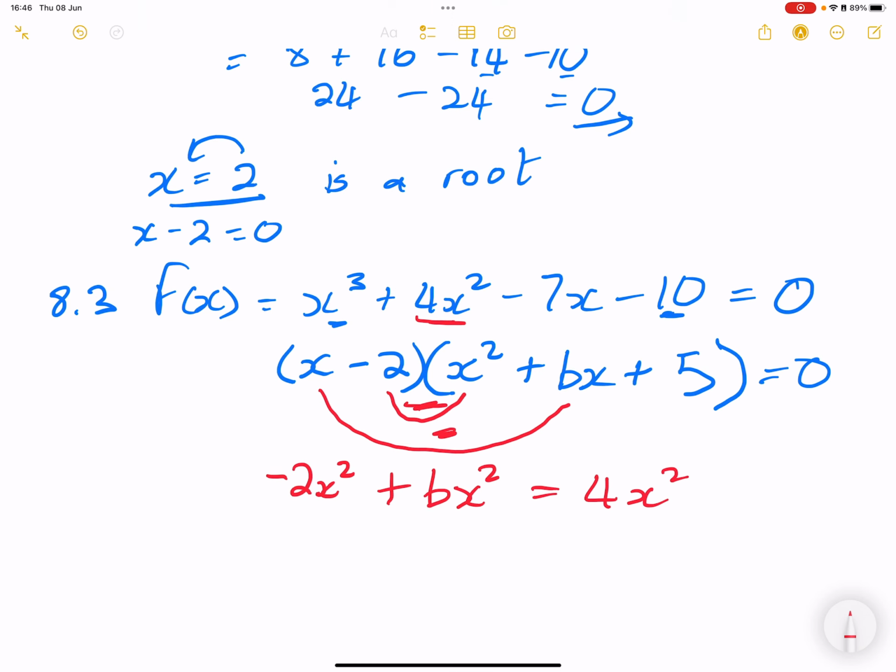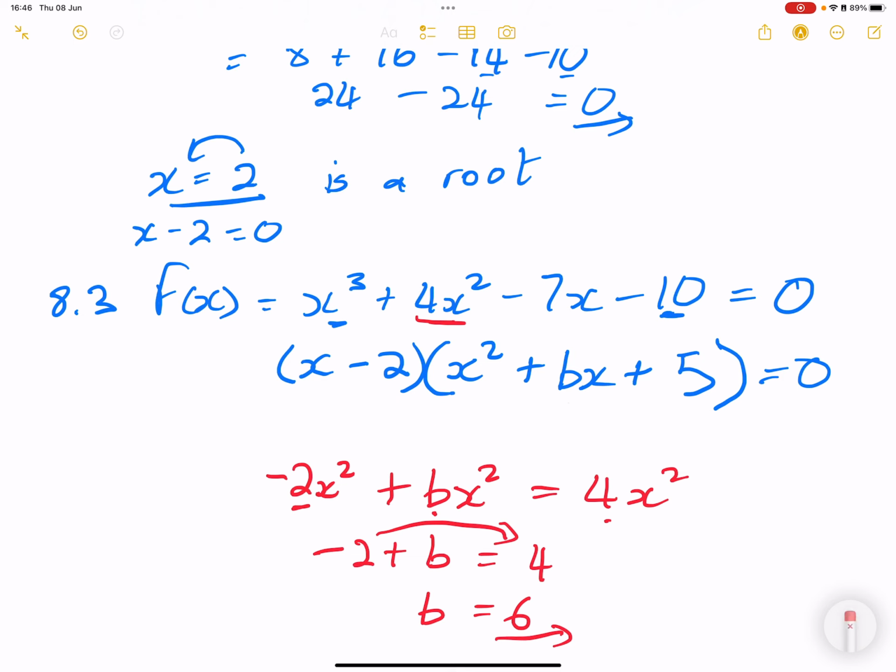That means minus 2 plus b should be equal to 4. You can just drop the x squared. So minus 2 plus b is equal to 4, which means b is equal to 6. If we take that 2 to the other side, it becomes positive. So we've just found out that b is equal to 6.